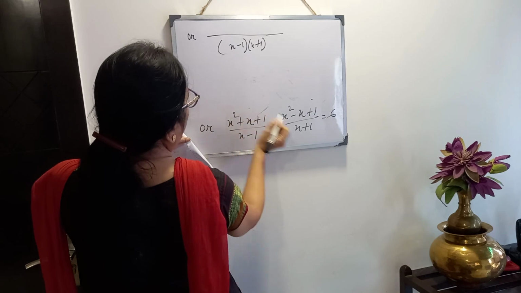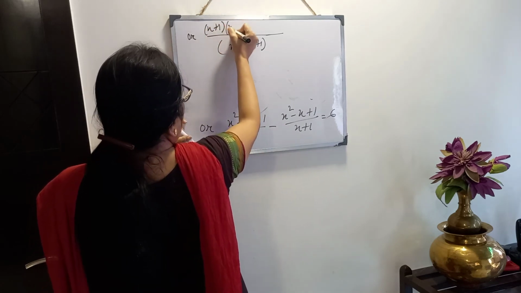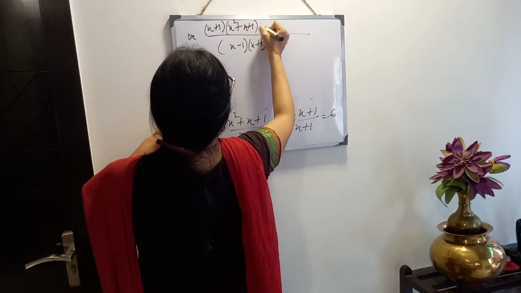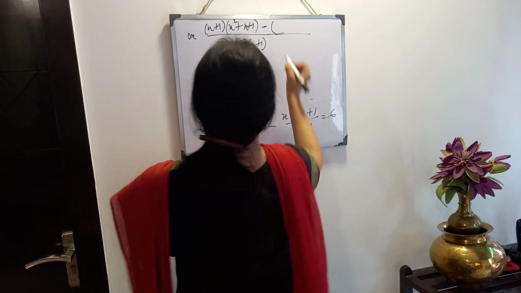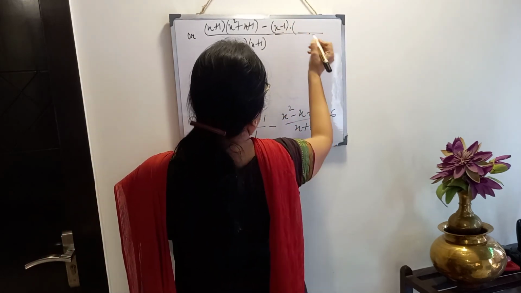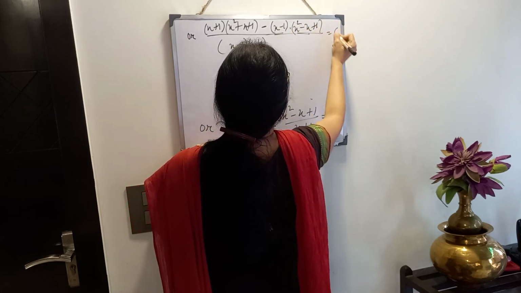So it will be x plus 1 into x square plus x plus 1 minus x minus 1 into x square minus x plus 1 equal to 6.